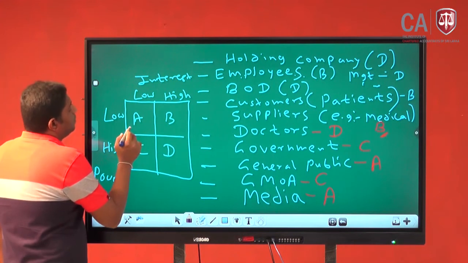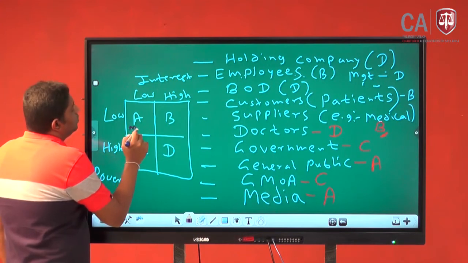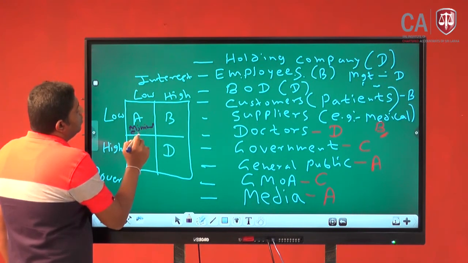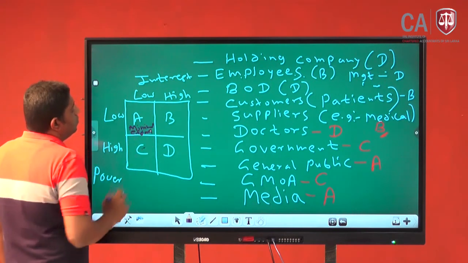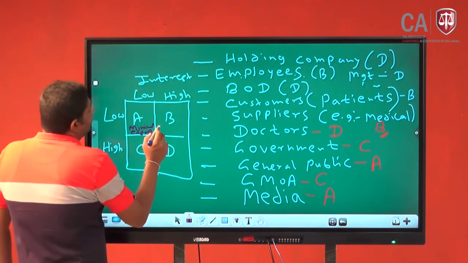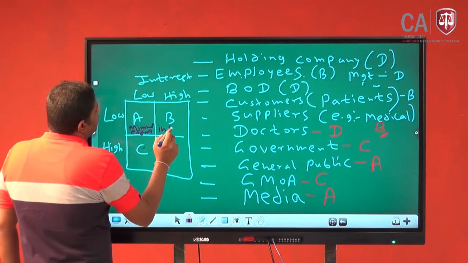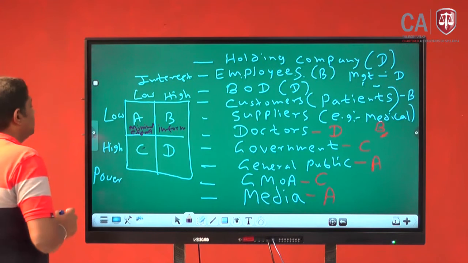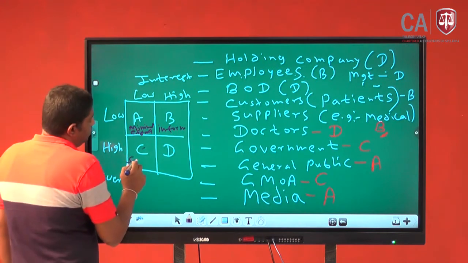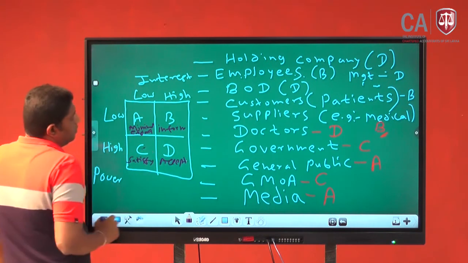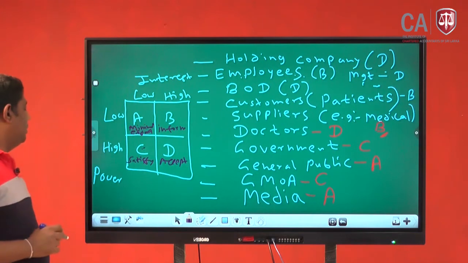Here, normally we put minimal effort, no need to put much effort. Then B, whatever you do, you have to inform them. C, you have to satisfy their requirements. D, they should accept, right.